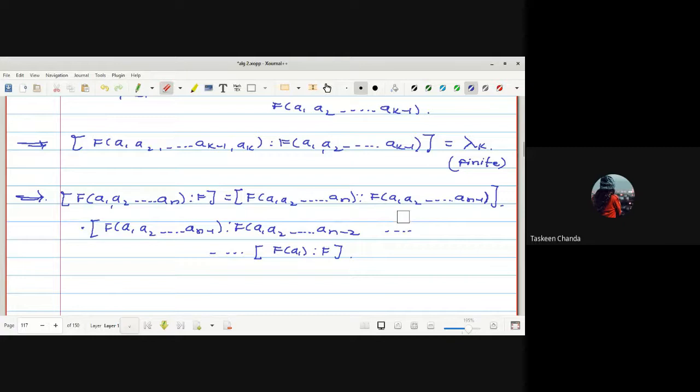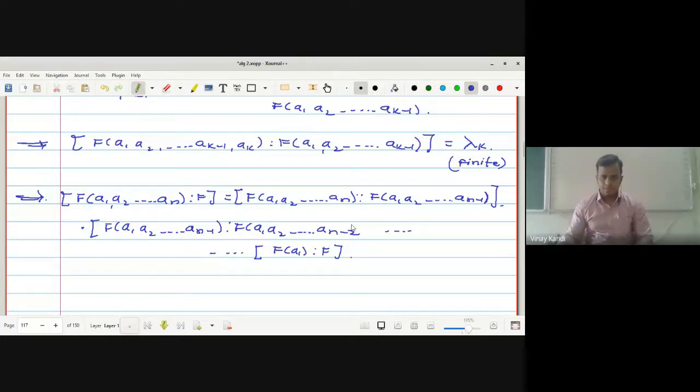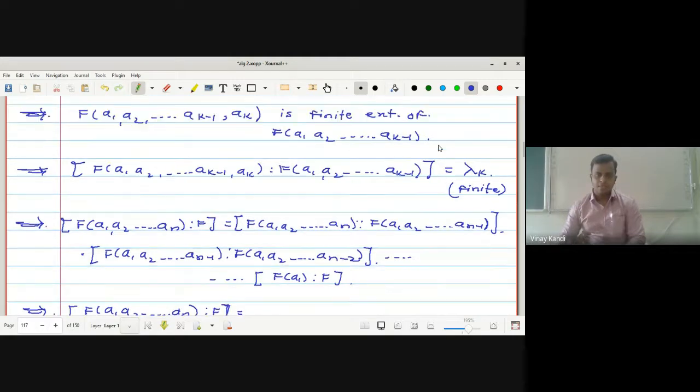Okay, by the transitivity of finite extension, this implies the degree of F of A1, A2 up to so on AN over the field F.